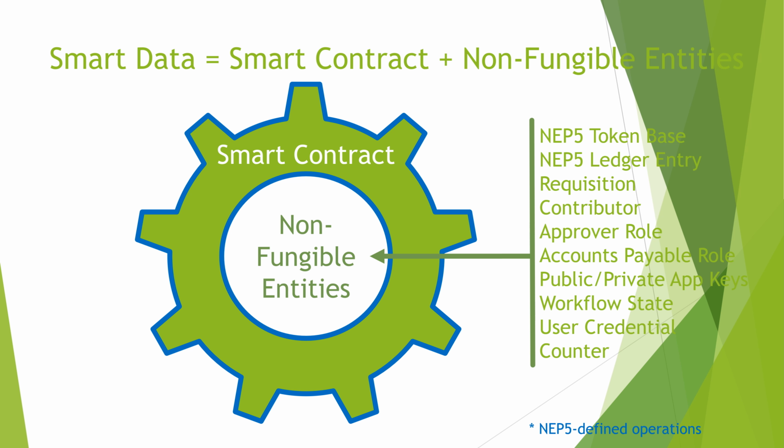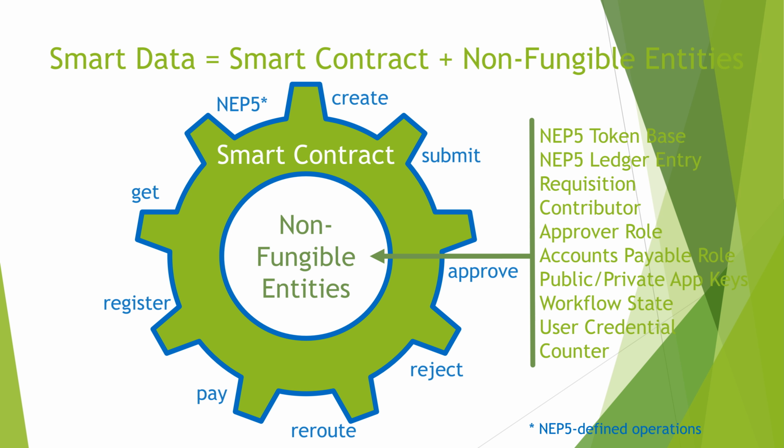So this combination of the non-fungible entities wrapped or embedded in a smart contract needs to be exposed to line of business applications, to enterprise business applications. So here we see the operations that the NEP5R smart contract needs to respond to.